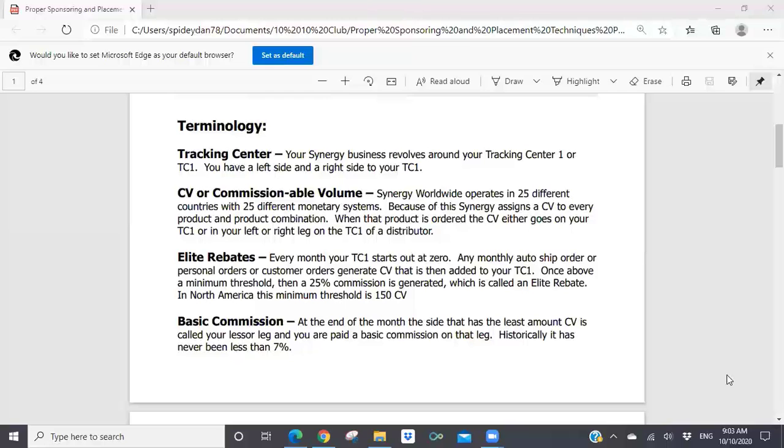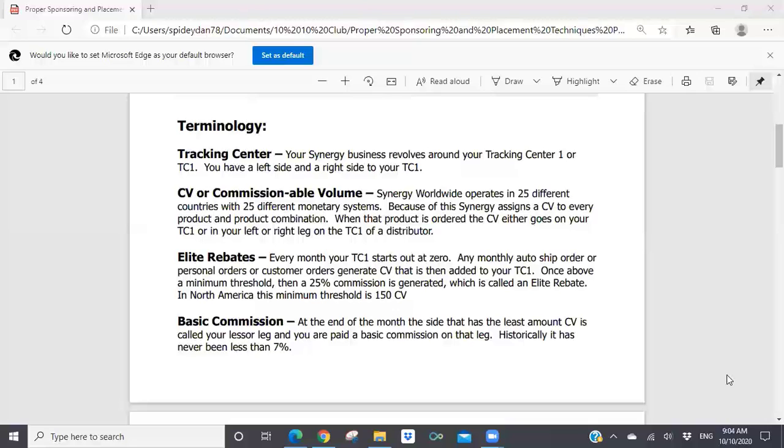Then they have two sides to their Synergy organization. When they come in, they get a Tracking Center 1. To the left side of their Tracking Center 1, they can build their organization. To the right side of their Tracking Center 1, they can build their organization. Although they have two sides to their Synergy organization, both of their sides are on the one side of you.